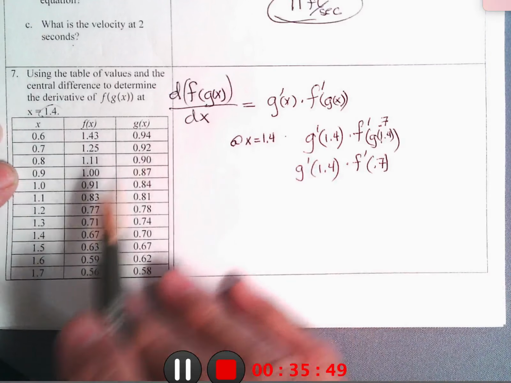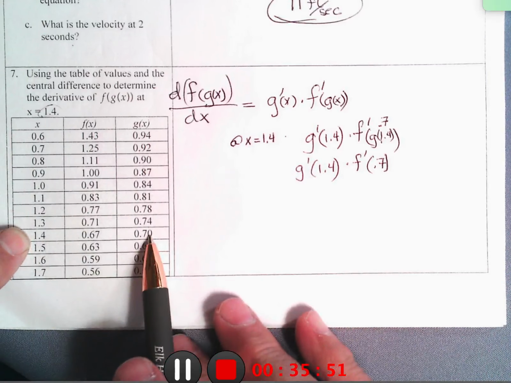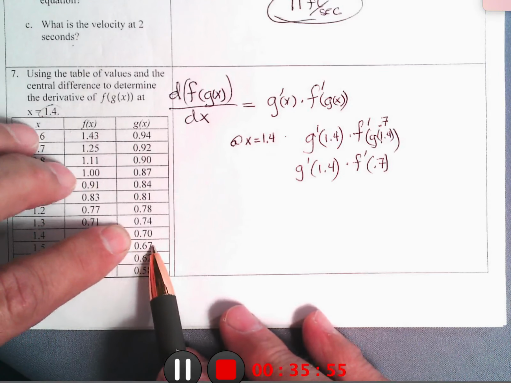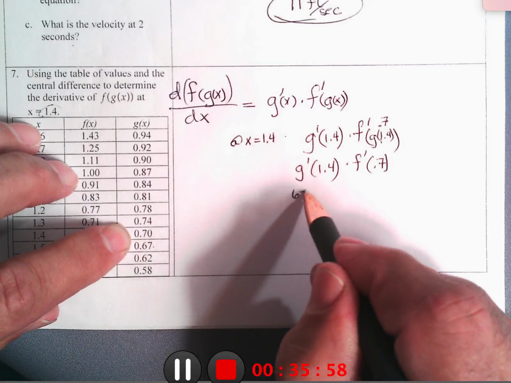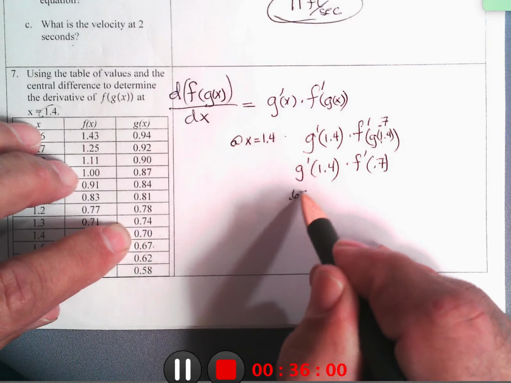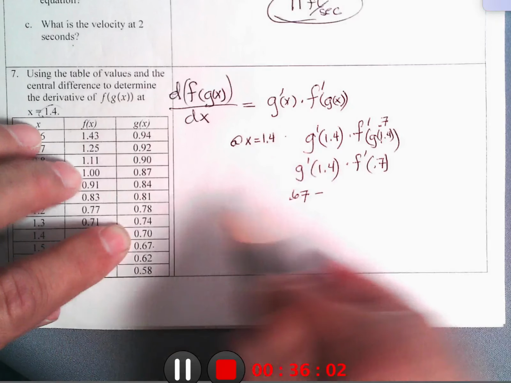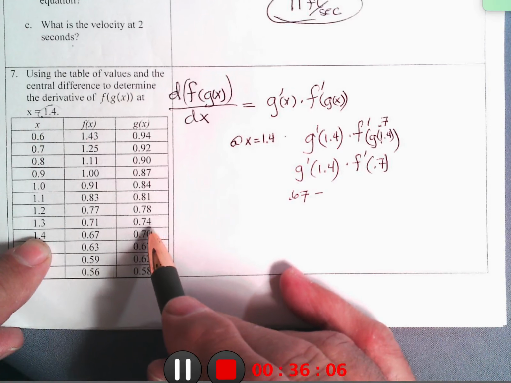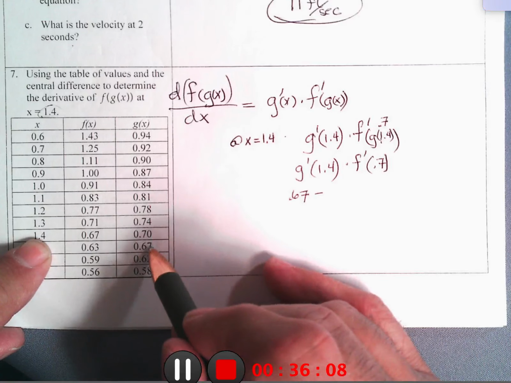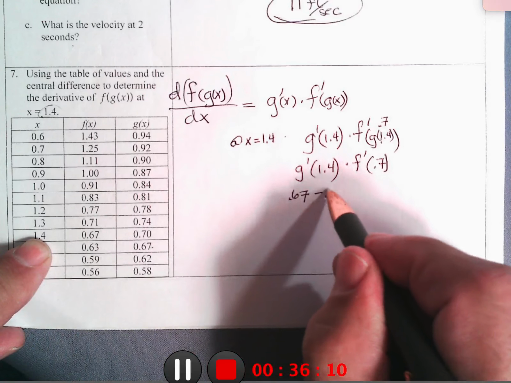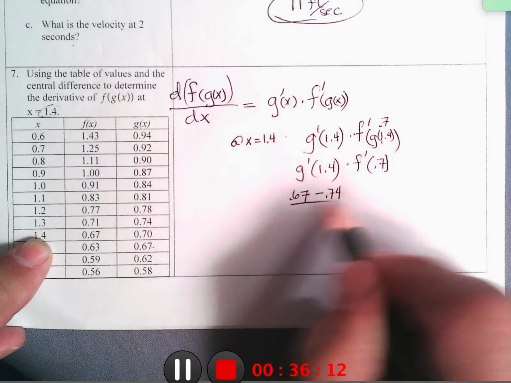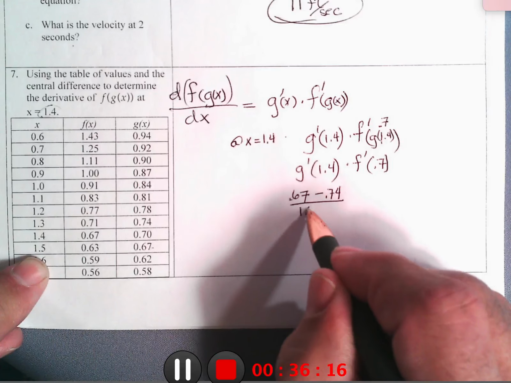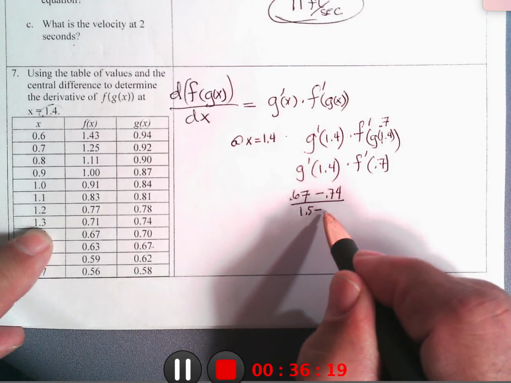And g prime at 1.4 would be the slope there. So using central difference, it would be 0.67 minus, making sure that you can see that, minus 0.74 over 1.5 minus 1.3.